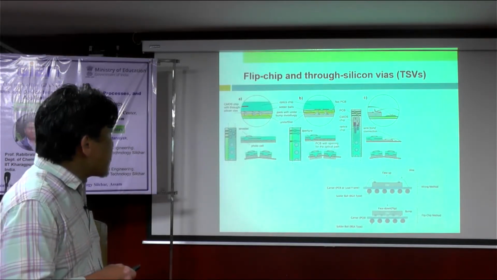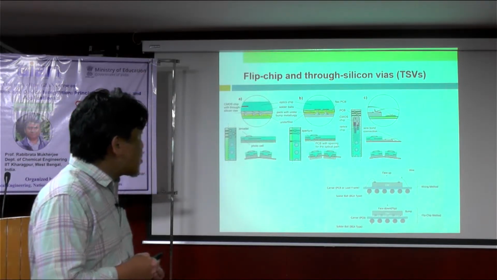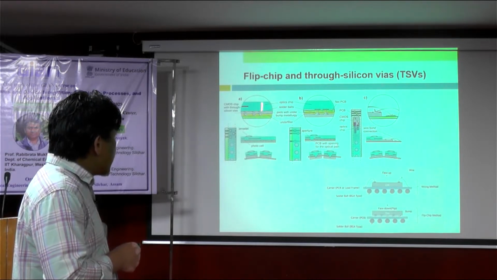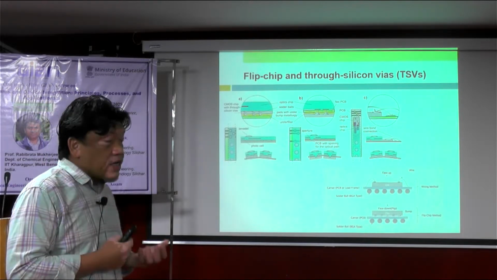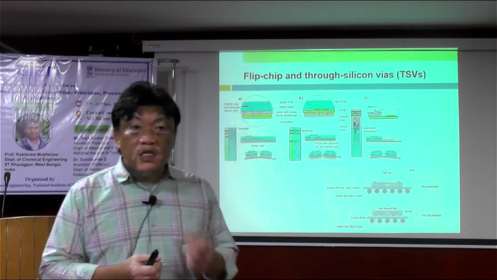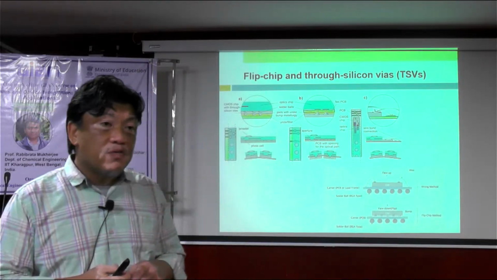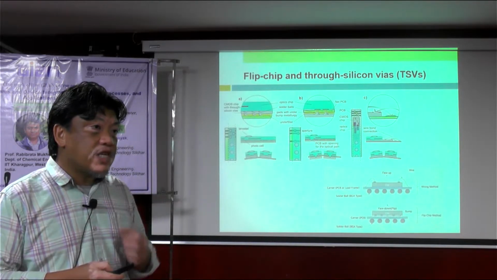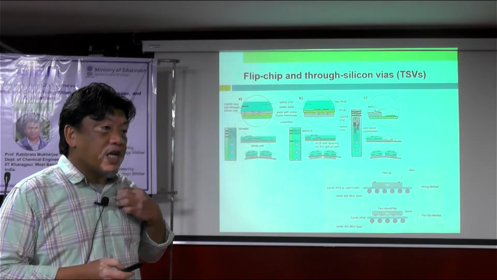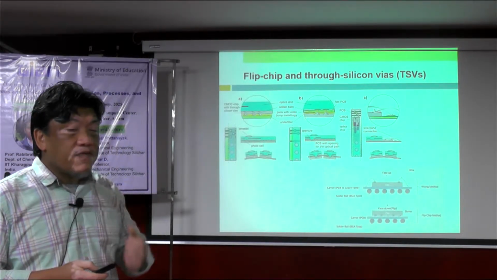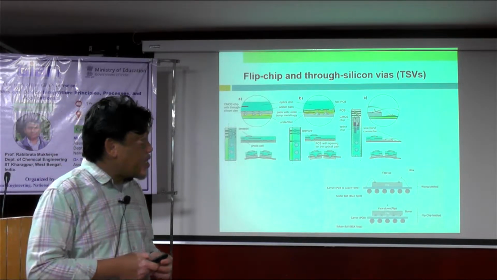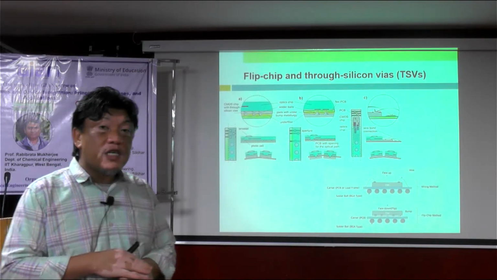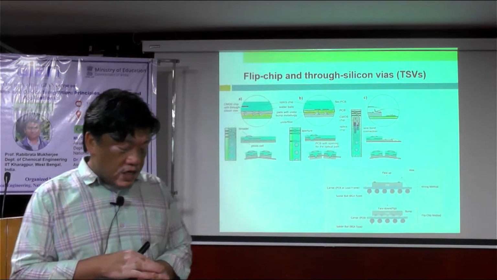So again, we have talked about through silicon via. Through silicon via is a hole on the silicon substrate that passes through the top and bottom of the substrate so that you can connect whatever design is on the top of the substrate, and to be connected if you are stacking the chip, or stacking the device.